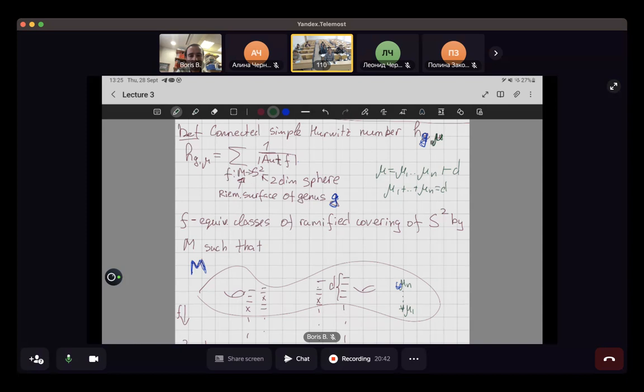Yes. I will discuss it a bit later. That I wrote here M, but this M is defined by these numbers G, mu1, mu(n), and the degree, which is mu1 plus etc plus mu(n). And we'll see it in a minute.